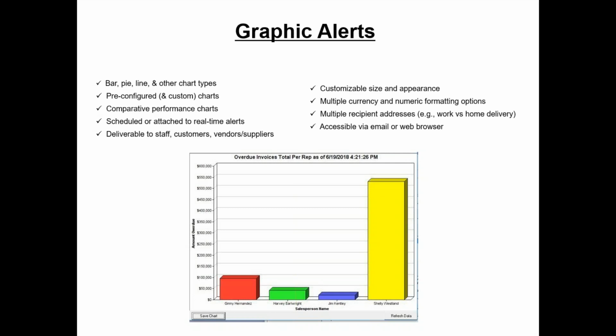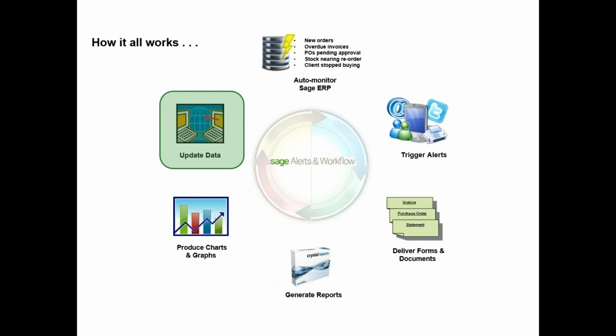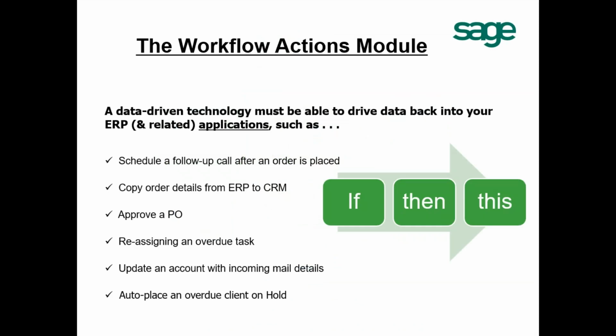So charts and graphs, bar charts, pie charts, line charts, etc., are part of the Alerts and Workflow solution. Which brings us to the final component, the Workflow Actions module.